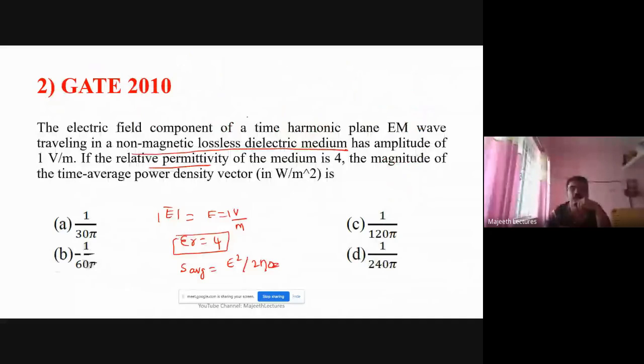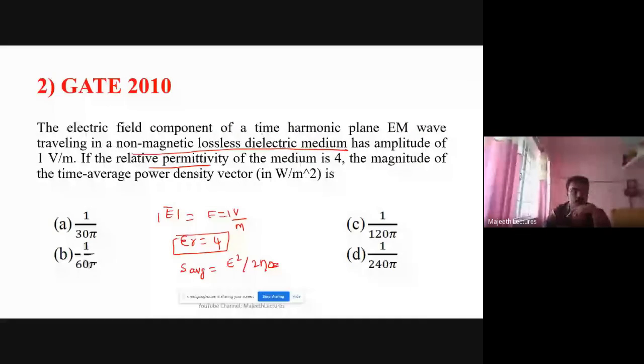you see this, I split as mu naught by epsilon naught into 1. So now it is 60. Here you see in the problem they have given a non-magnetic lossless dielectric medium. It is not free space.